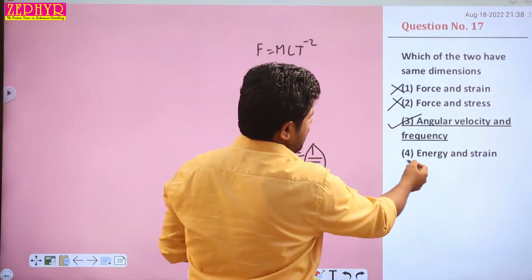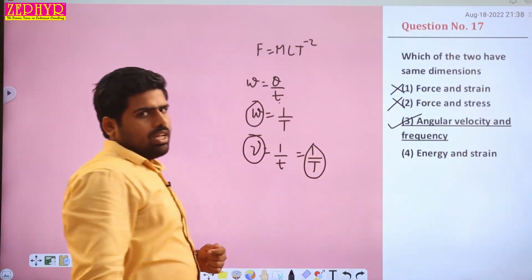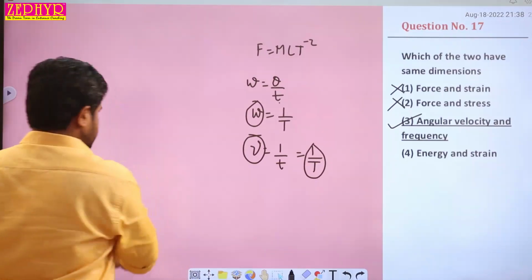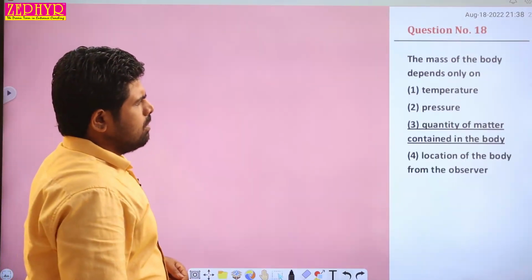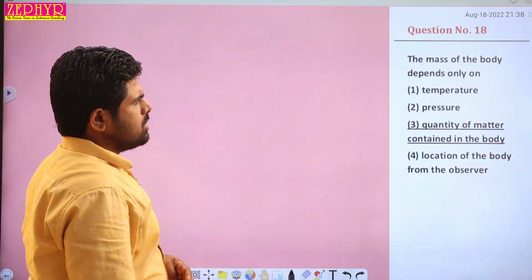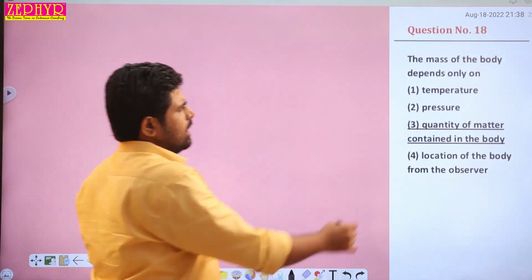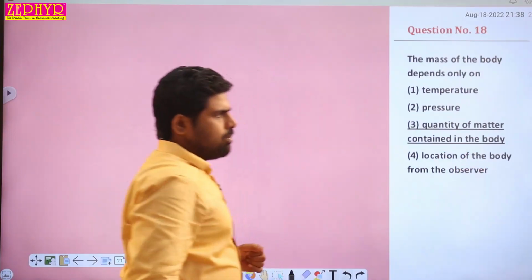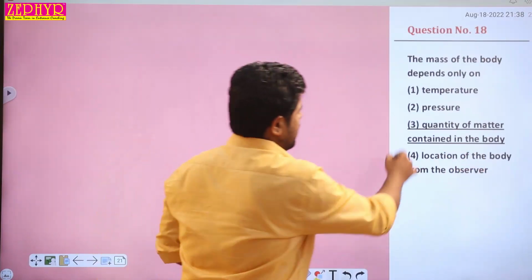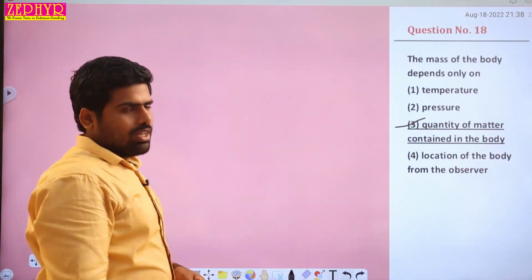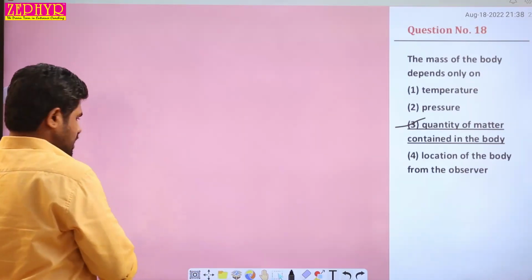Then the fourth one is a wrong option. Then question number 18, the mass of a body depends only on the quantity of matter contained in the body. That one is a very basic idea related to science or material science.